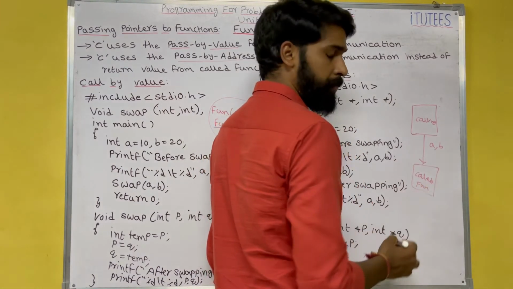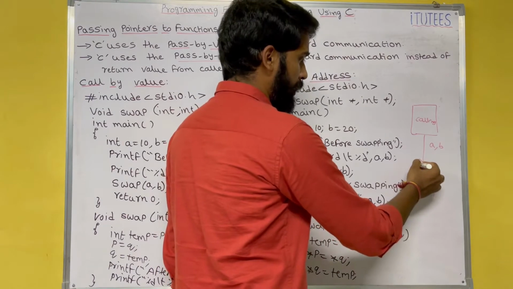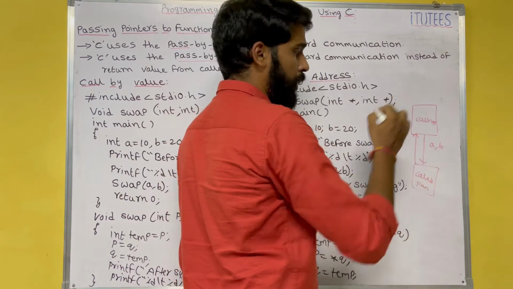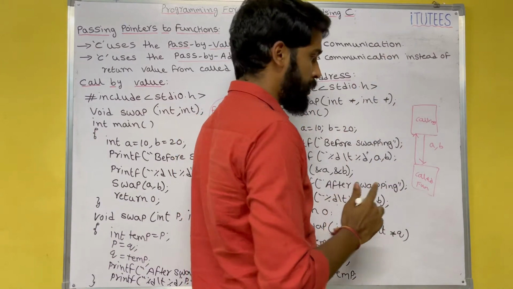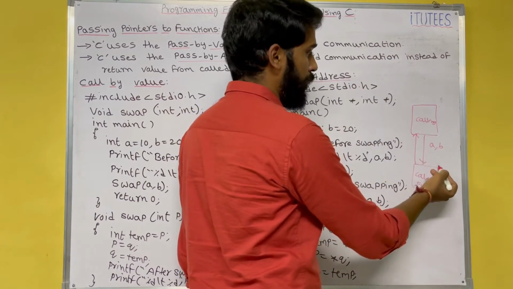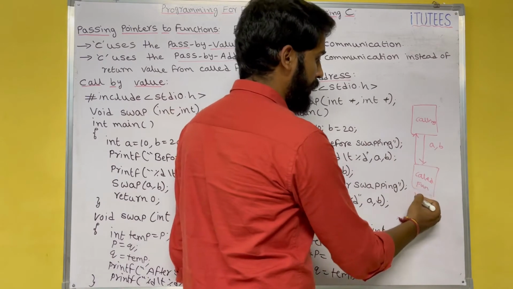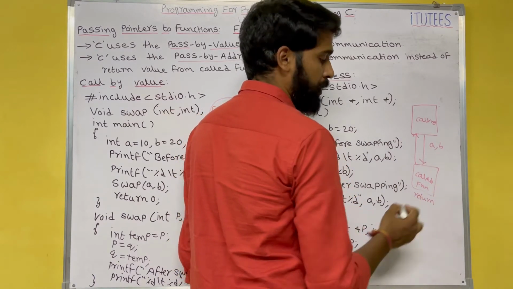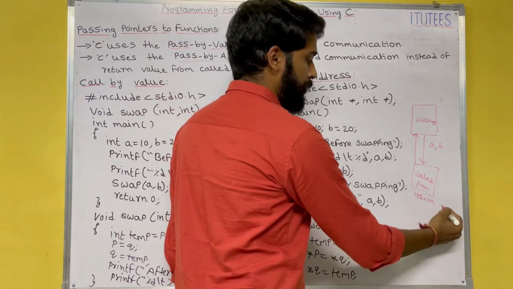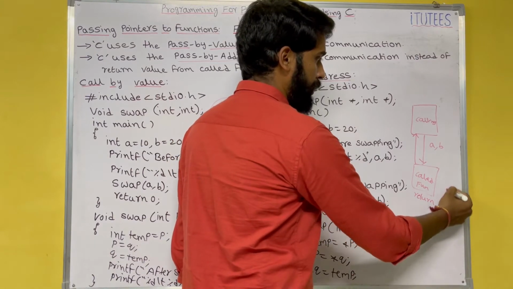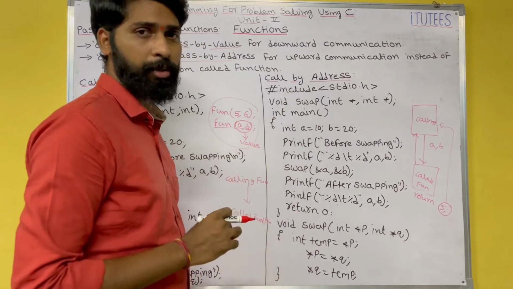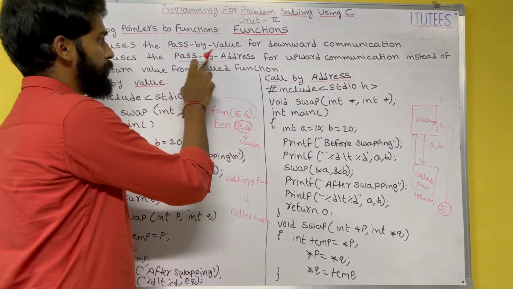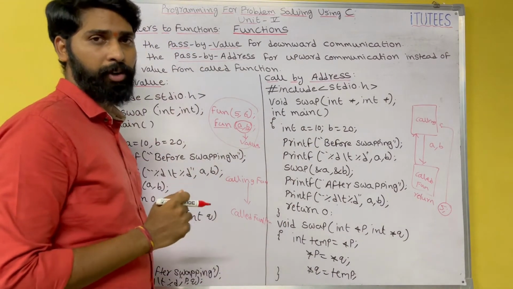If the called function sends data to the calling function, that is called upward communication. How can we send data from the called function to the calling function? By using a return statement. So return 5: now the value 5 is returned to the calling statement. Instead of a return statement, you can use pass by address for upward communication.